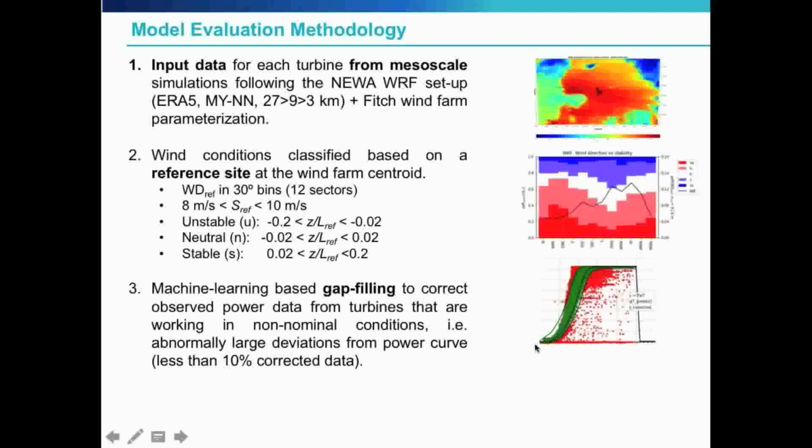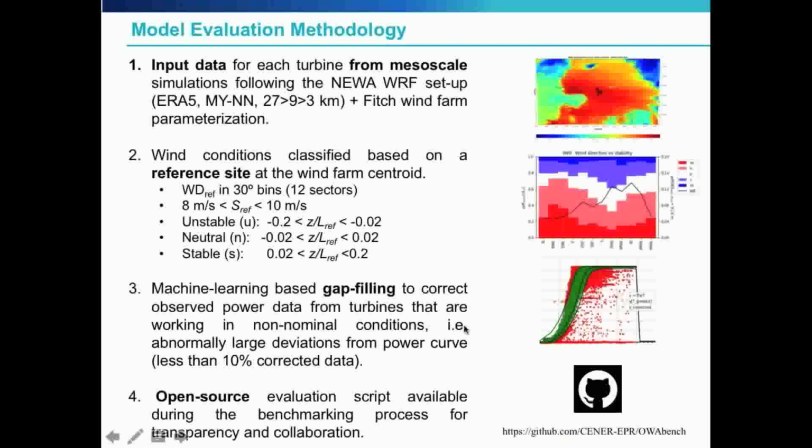But the idea is to have data that more or less represents what the wake models can reproduce. And we share the evaluation scripts with the modelers, so they can see what we are using for the assessment, and they can also give some feedback, and they can also see how their output data works with the output figures.